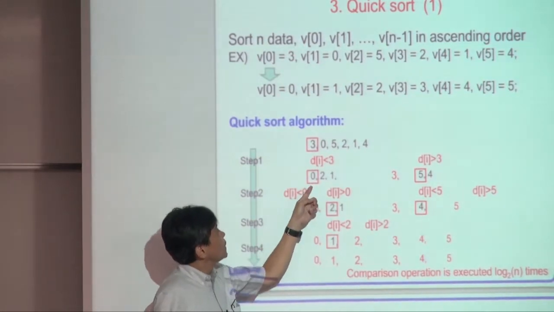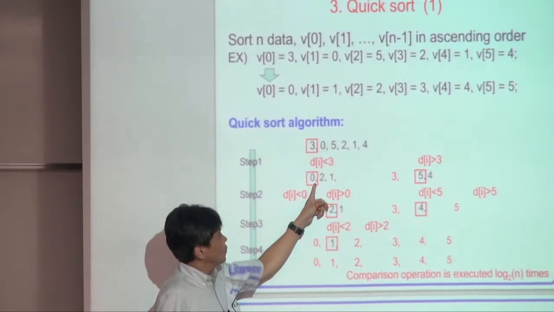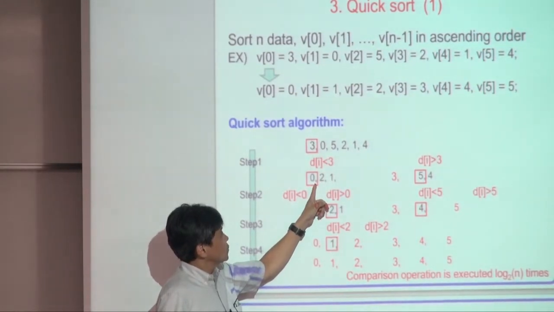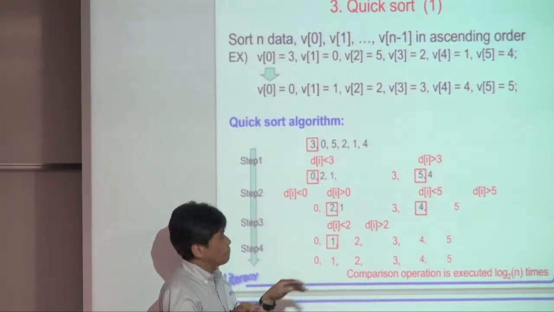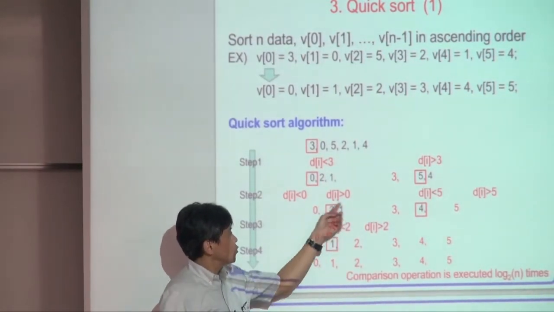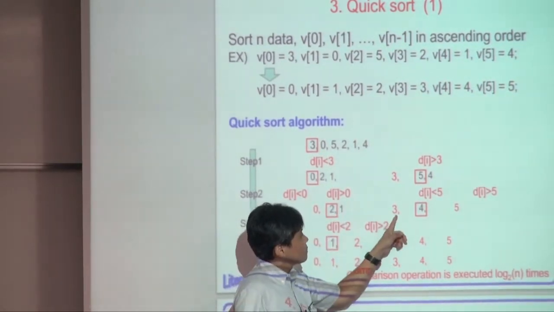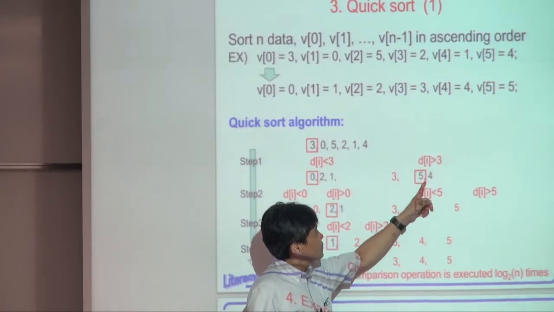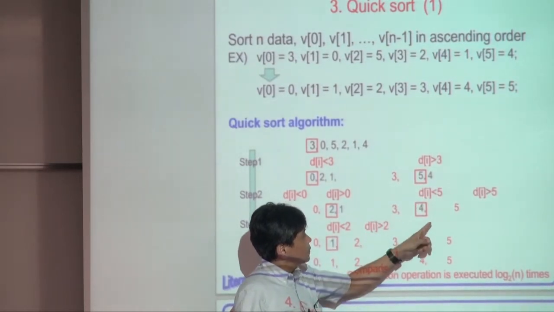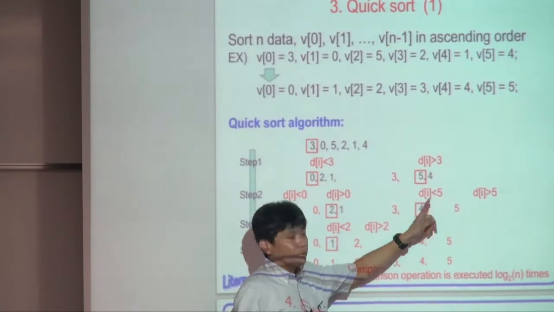First you select the first element, in this case 0, and using 0 you can divide into 2 groups. As a result, you obtain the order 0 to 1. And in this case 5 is selected and divides into 2 groups, 4 and 5.